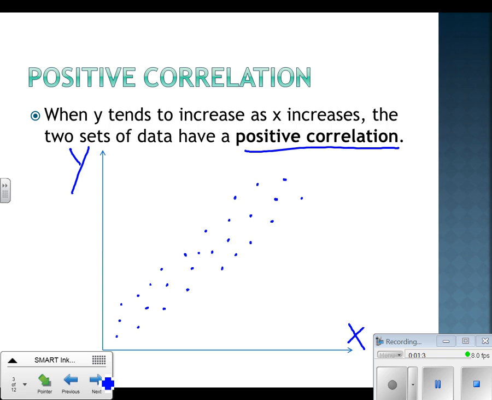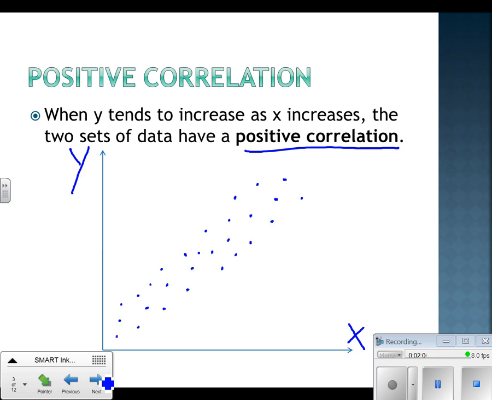An example, if I was collecting data on babies' weight over time of their first year of life, as their age increases, their weight increases. So if I took data and plotted those points, I would see a positive correlation. Not all babies are going to be weighing the same amount at the same age.